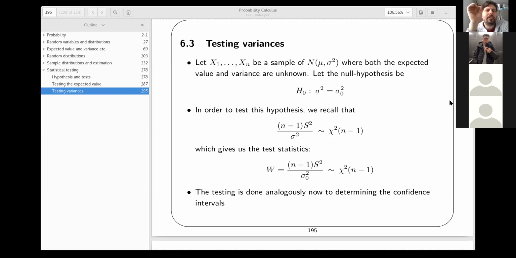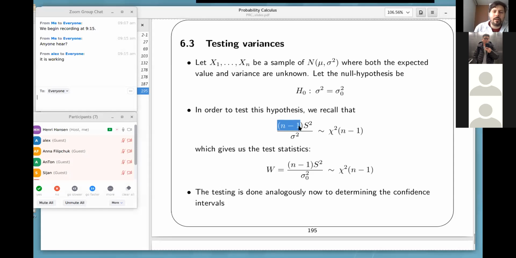So recall that we can come up with a chi-squared distribution when we know the sample variance, capital S squared. Normalizing that, we get a chi-squared variable by dividing it by the actual variance and multiplying by n-1, because you can think of this as a sum of squared standard normally distributed variables.